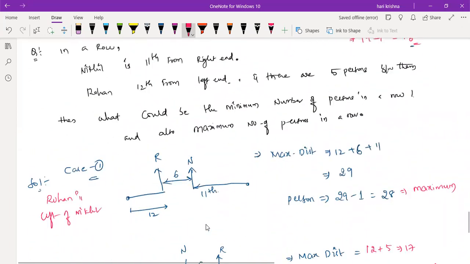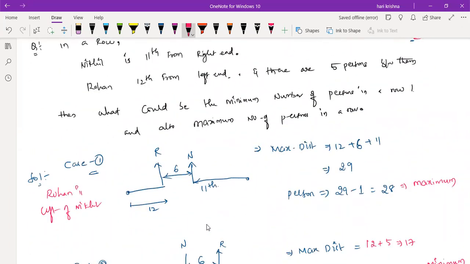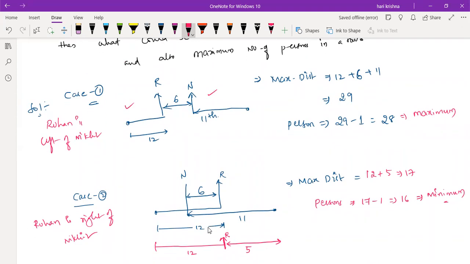Nikhil is 11th from the right end, this one. And Rohan is 12th from the left end, this one. And they said the number of persons between them is 5. That means in total you have to take the distance 6. So that is the first case. Okay. But suppose Rohan can also be to the right of Nikhil, right? Rohan can be the right of Nikhil also.